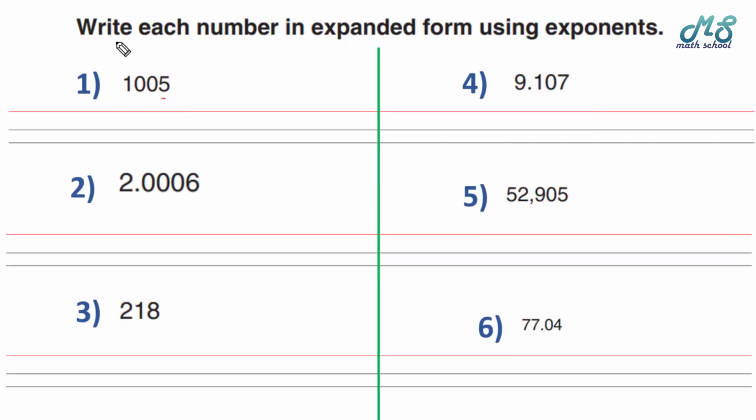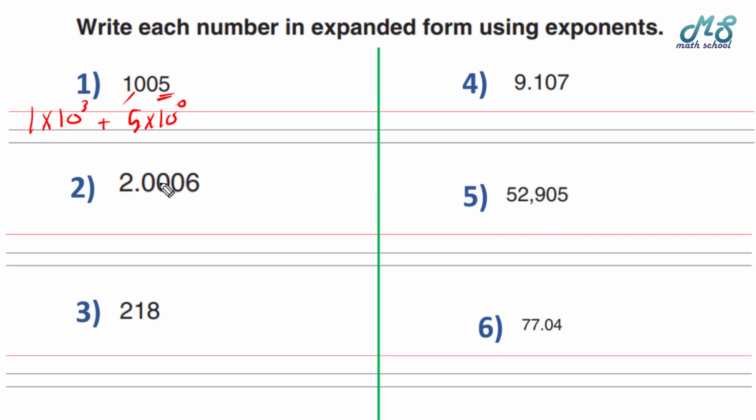Next exercise, write each number in expanded form but using exponents. Ask yourself, the first one is a whole number, so the powers of 10 are positive. 1 in thousands place, so its value is equal to 1 times 10 raised to the power 3. Plus 5 in ones place, its value is equal to 5 times 10 raised to the power 0.